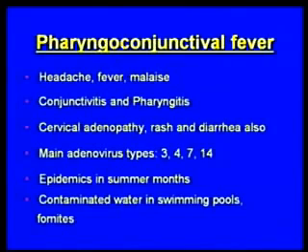There's some association with GI symptoms, and it's not clear how the respiratory symptoms and GI symptoms intermesh here, probably because of the same virus. But the common types are 3, 4, 7, and 14, and pharyngoconjunctival fever outbreaks are well described from contaminated water and swimming pools. Many outdoor recreation parks, you may have heard of these outbreaks where people came down with conjunctivitis because of poor chlorination.